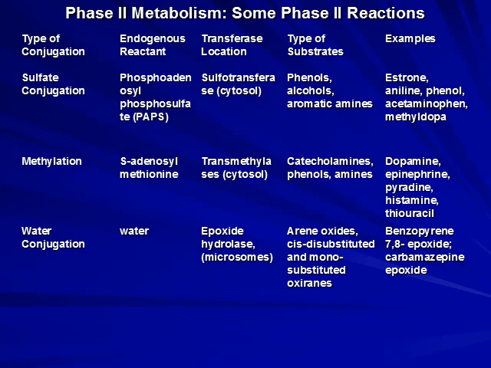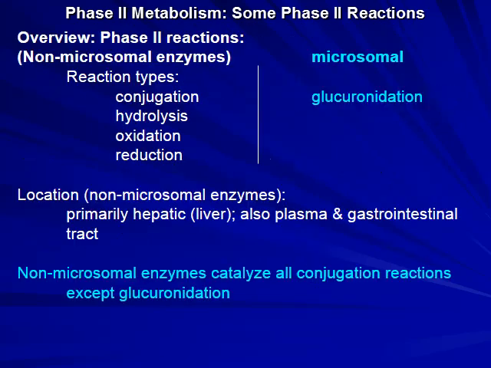So for the most part, phase 2 reactions are outside or non-microsomal, with the exception of glucuronidation. And so I indicated that for you in this slide. The microsomal phase 2 reaction is glucuronidation. The non-microsomal enzymes catalyze most of the other phase 2 reactions.